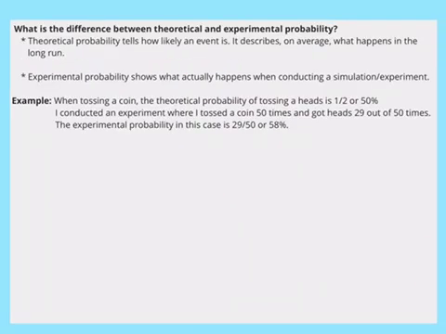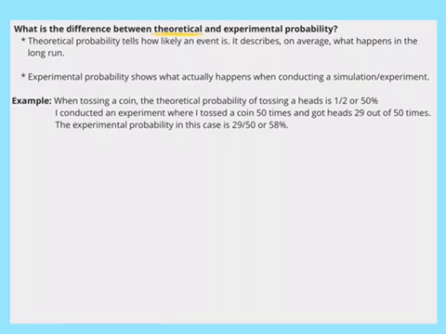So we've looked at how to calculate a probability, and what we've looked at is the theoretical probability. That's in a perfect world, if our dice were rolled perfectly and they weren't being hit, or they were being shaken up the right amount, this is what we would expect in theory to happen.